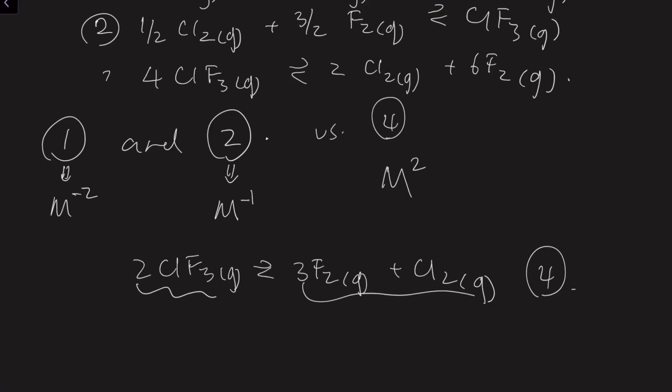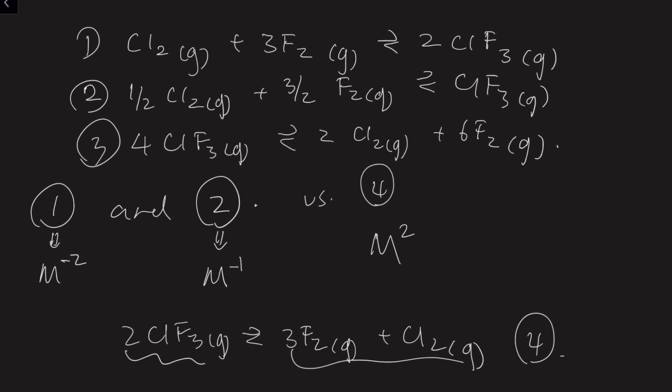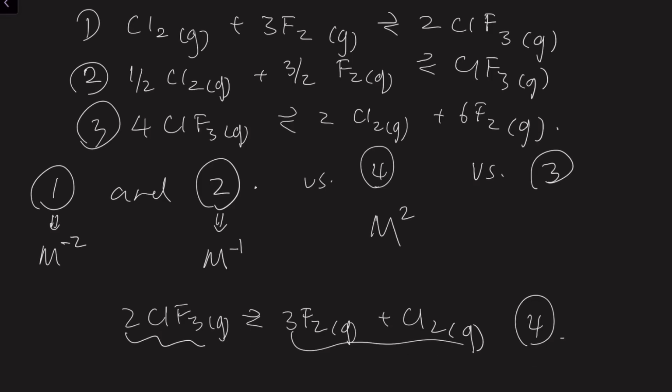So now let's look at number 3. We have 6 plus 2 minus 4, so 8 minus 4. So the unit is M to the power of 4. The difference between number 4 and number 3 is that you essentially doubled your mole coefficients. So you went from M to the power of 2 to M to the power of 4.